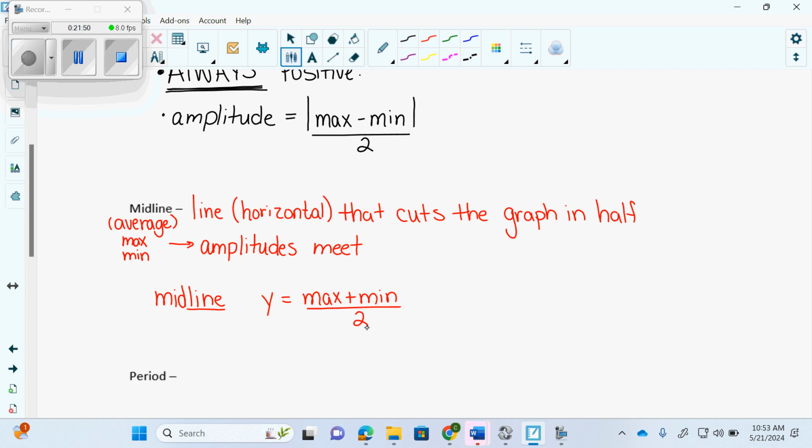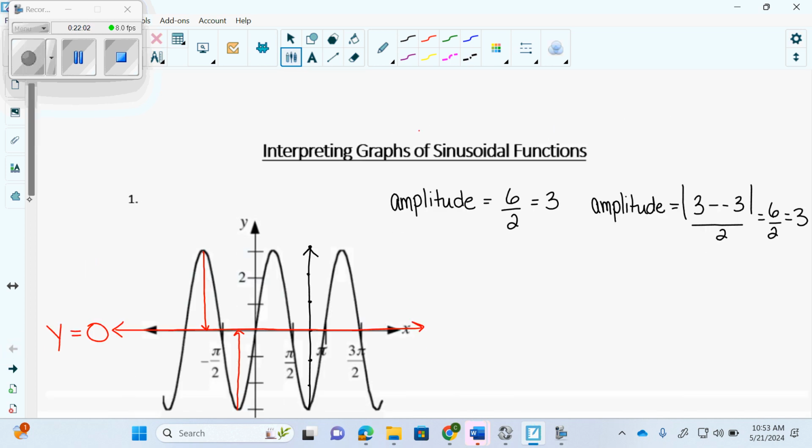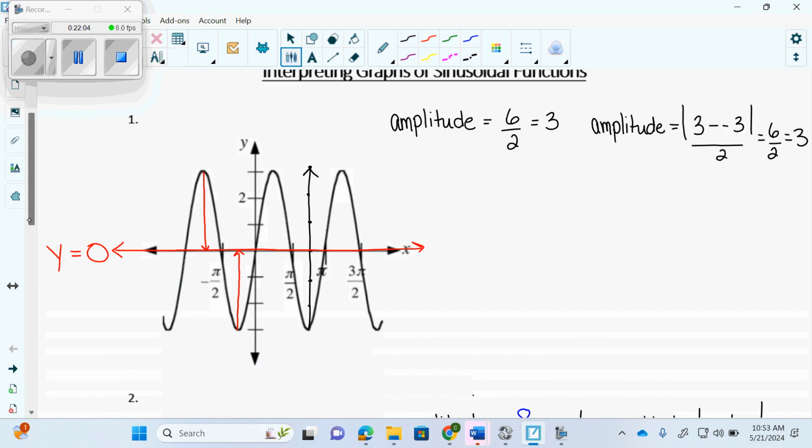Okay, we agree? So let's go back and test out our formula. We already found the midlines of every single one. We drew them, right? So let's test it out with our actual formula. So here we say the midline's y equals 0. Well, let's test it out. The midline is y equals.